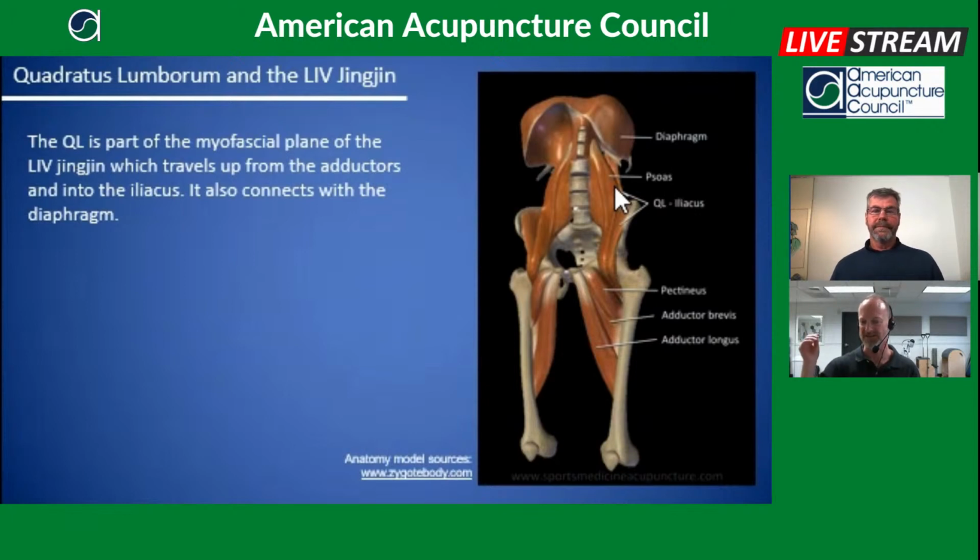It starts to make more sense when you look at that continuous fascial plane through the adductor line up into the iliacus, QL, and diaphragm. The iliopsoas would be part of that also, especially the distal fibers. It's more complex than we can get into today, but we covered this quite a bit in our psoas 3-hour class. That distal portion in particular would be part of the liver sinew channel also.